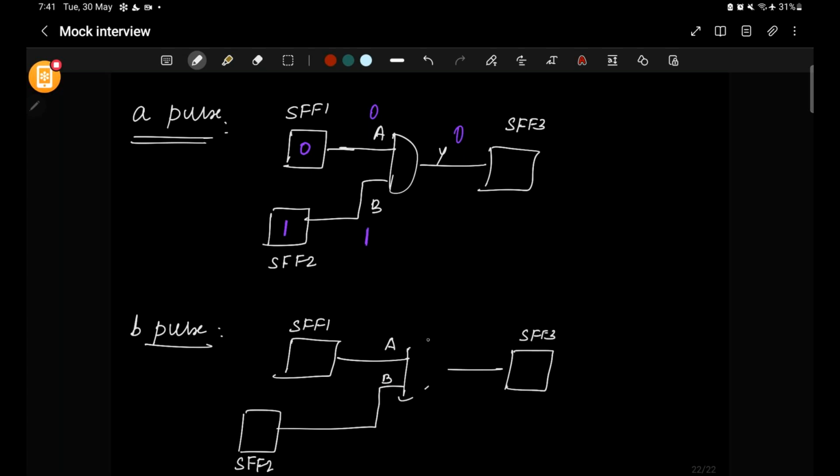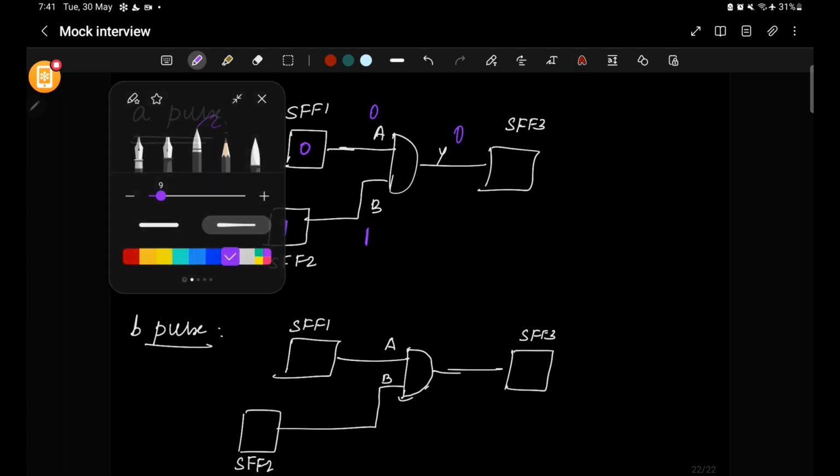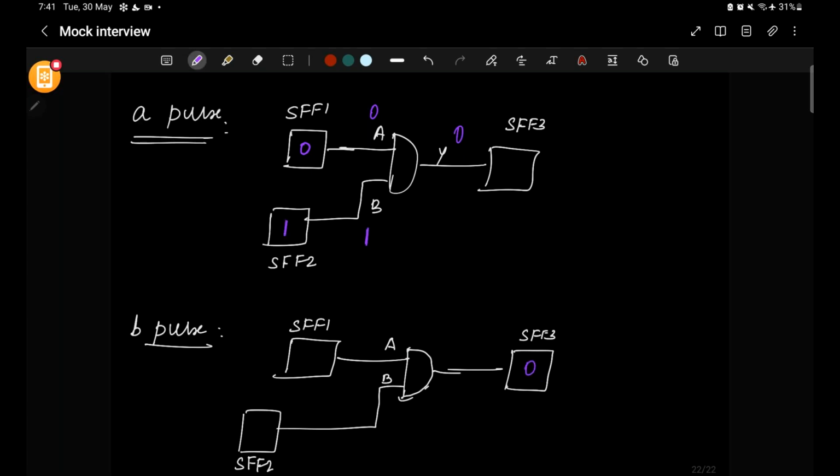So this B pulse is coming during the capture phase. So this 0 will get captured here. Next, the tool will try to write a 1 value here. It is bringing a transition, right? And it is trying to propagate this transition.